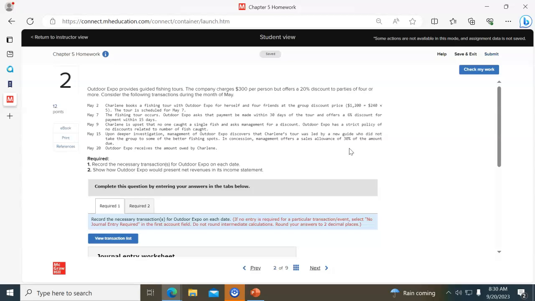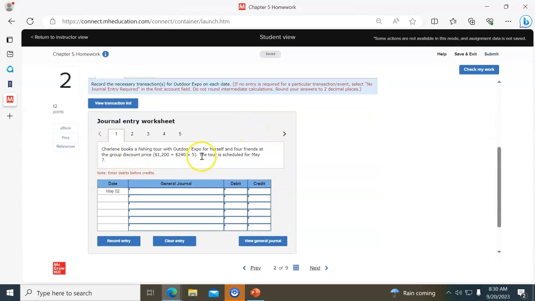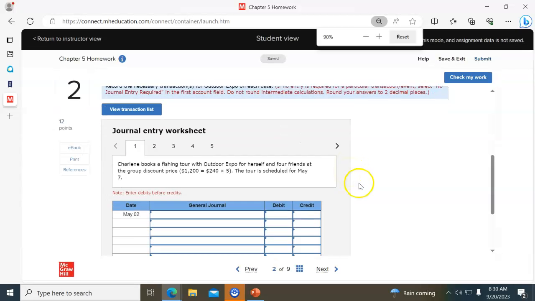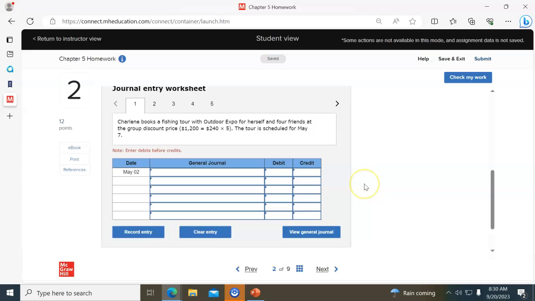May 2nd. So what we have to do is the journal entry. Charlene books a fishing tour with Outdoor Expo for herself and 4 friends at the group discount price of $1,200.